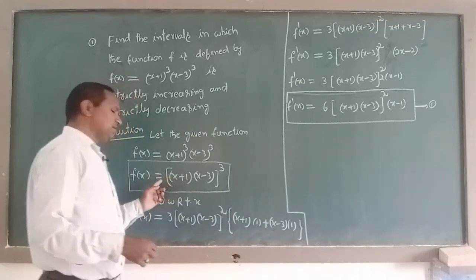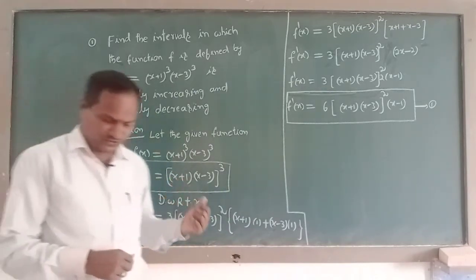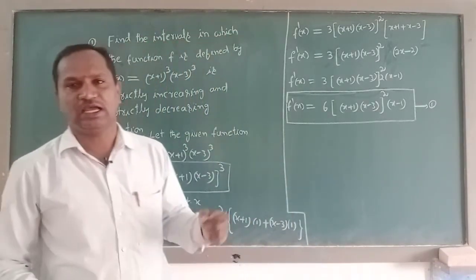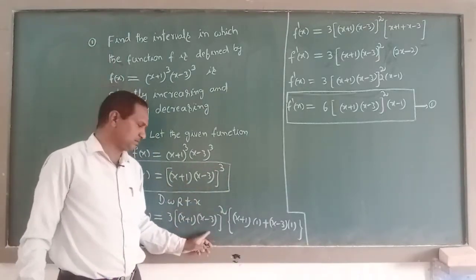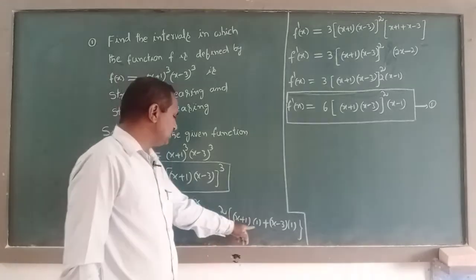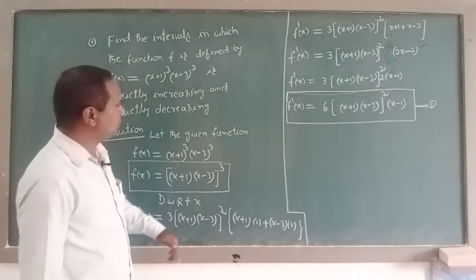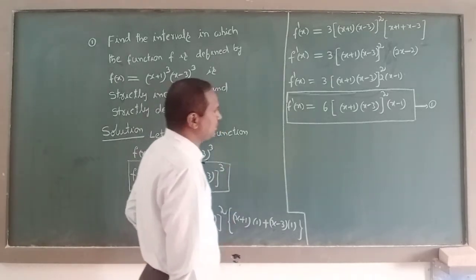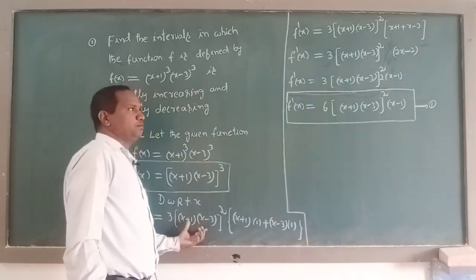The given function is (x plus 1) whole cube and (x minus 3) whole cube, and I have taken the differentiation with respect to x, first to the power: 3 into (x plus 1) whole square into (x minus 3) whole square into the remaining part, (x plus 1) of 1 plus (x minus 3) of 1. Then f dash of x equals 6, that is 3 into 2.